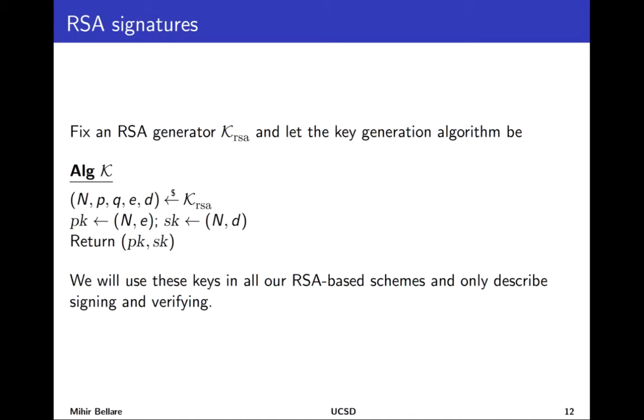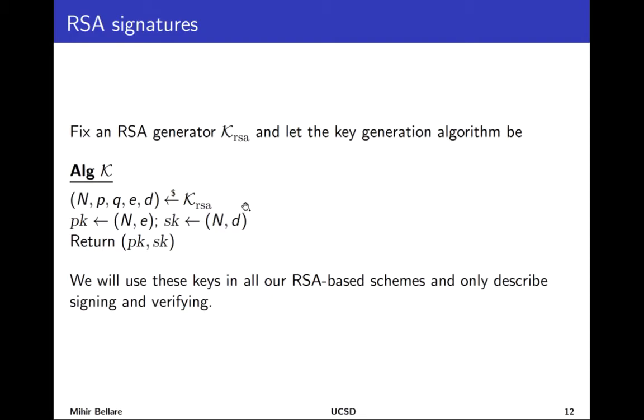That's an algorithm that gives us all the parameters we need to set up the system. And remember that it's a randomized algorithm and it'll return a modulus n, two primes whose product is n, an encryption exponent and a decryption exponent, and all of these satisfy a whole bunch of mathematical conditions that we studied before.